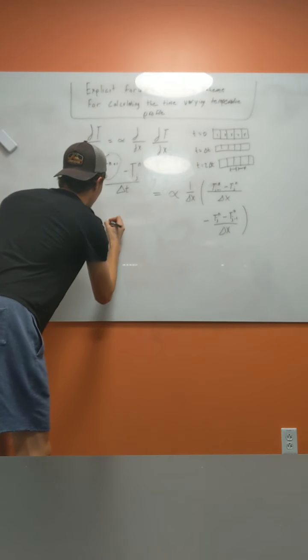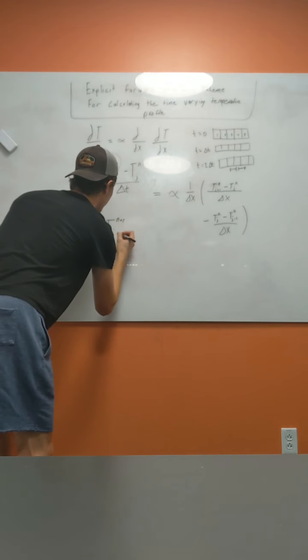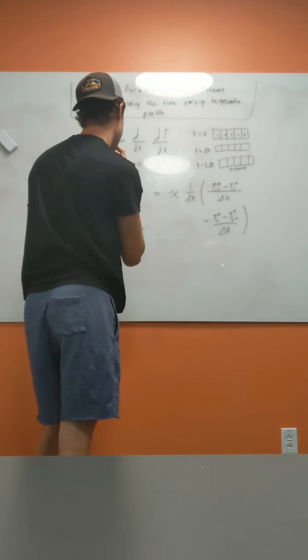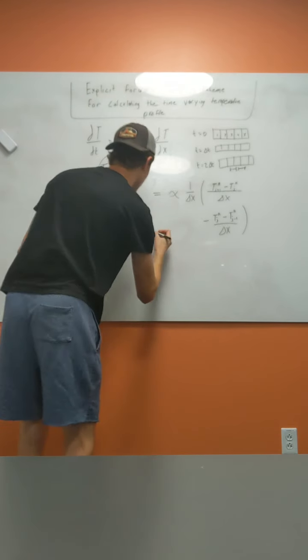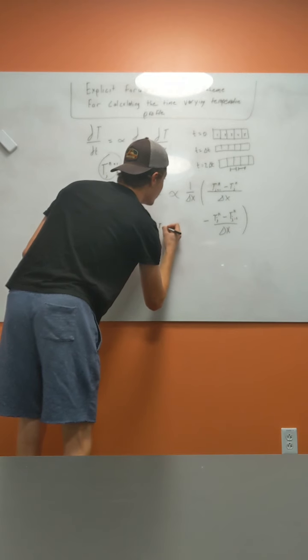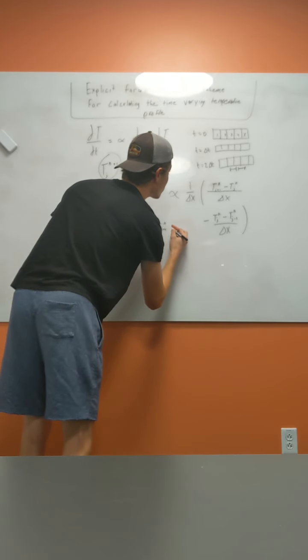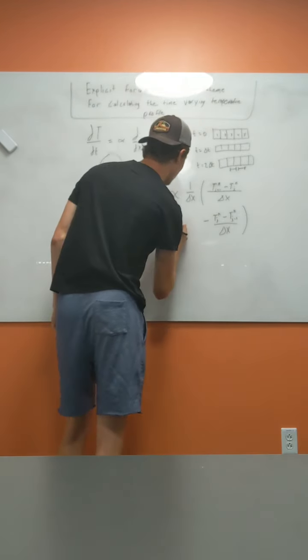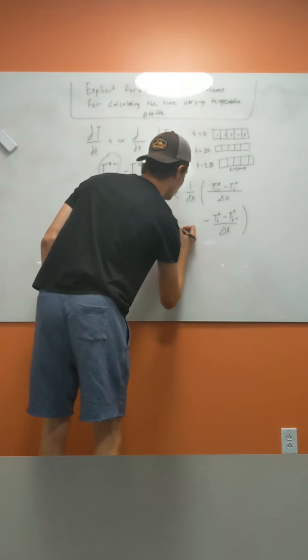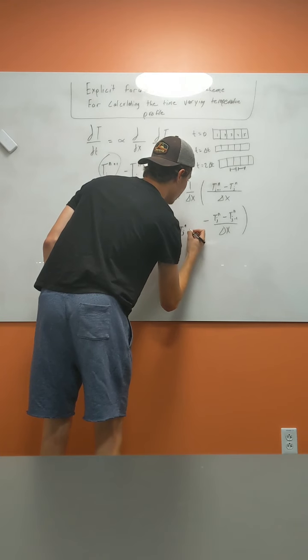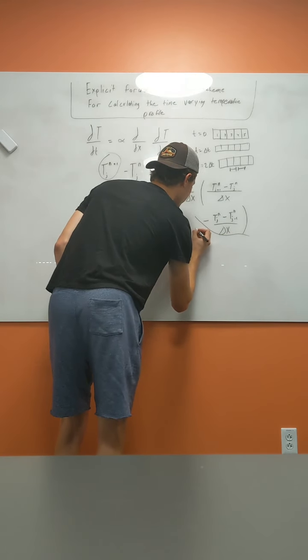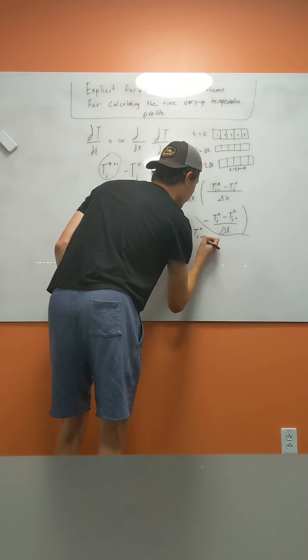T n plus 1 at j is equal to alpha multiplied by T j plus 1 at n minus 2 T n j minus, let's write this off, T n j minus 1.